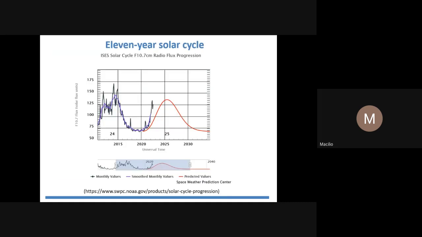In this slide, I show the profile of solar activity starting from the year 2010 up to 2040. Now we are around here.